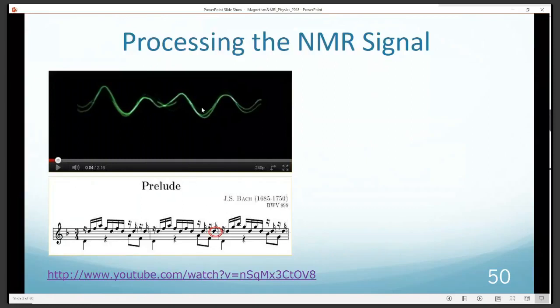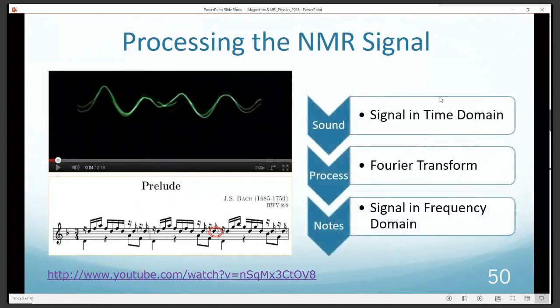It just sounds like a specific frequency to you, even though it's really a decaying signal with time. And that's generally what happens with MRI. You have a signal decaying in time. It's processed, and the MRI system isn't processed by a brain. Well, I guess it's a kind of brain, but it's a Fourier transform algorithm that converts the signal from a time domain signal to a frequency domain signal.